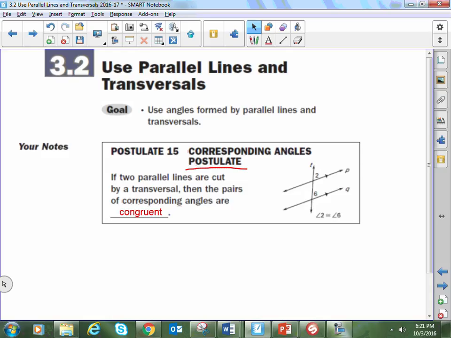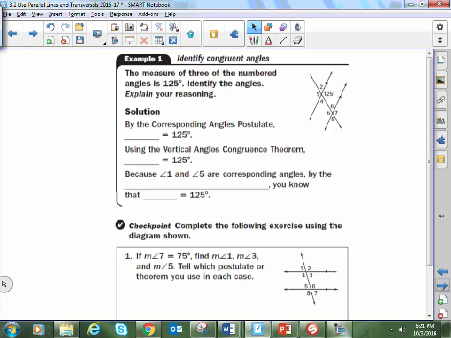So how do we use that? Well, there's a lot of different ways that we could do that, but let's take a look at the example here. This one specifically is just thinking about how we could use corresponding angles to figure some things out in a diagram. So here we have the measure of three angles is 125 degrees.